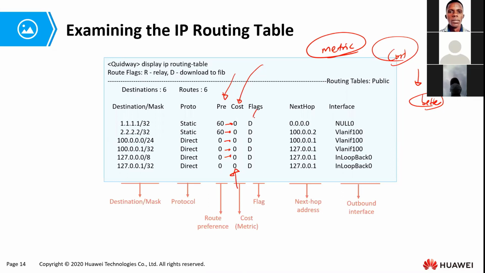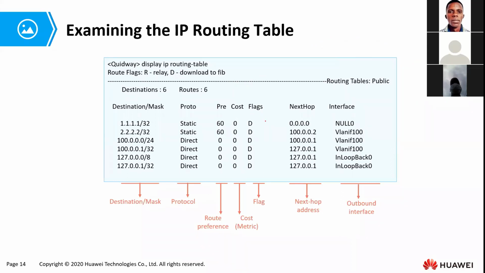Now for flags, which is not exactly supposed to be under this coverage, but for now, think of flags as a way you can reach your next hop. Okay? Are we together? Yes. It is normally D or it is R. When it is D, it's for direct.